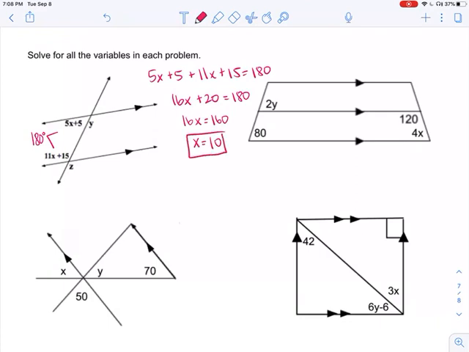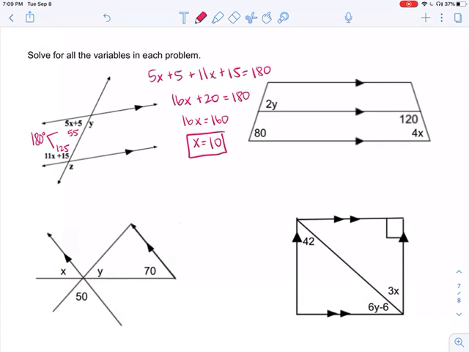When I plug x back in, which we will need to do, this will be 50 plus 5 is 55, and 110 plus 15 will give us 125 for this angle, and just to double check, those do add to give me 180.